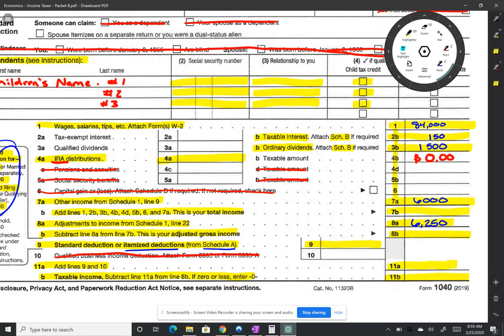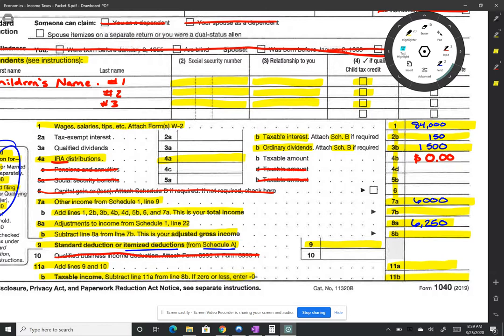Let me bring out my calculator. Well, that's dead. So, to do this the old-fashioned way: add lines 1, 2B, 3B, 4B, 4D, 5B, 6, and 7A to get your total income.